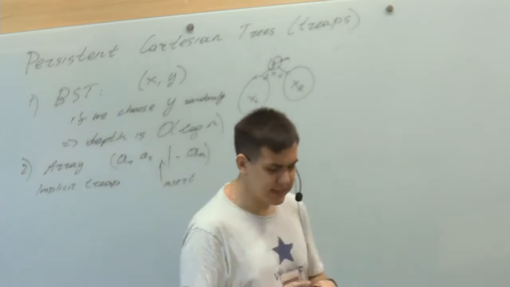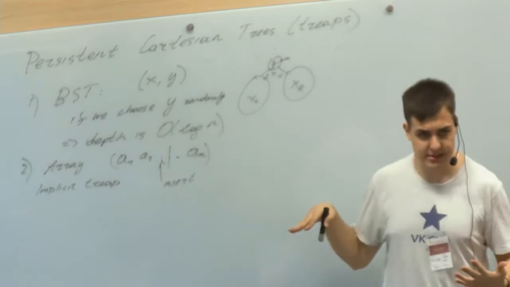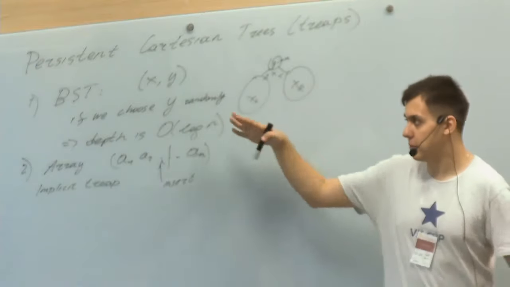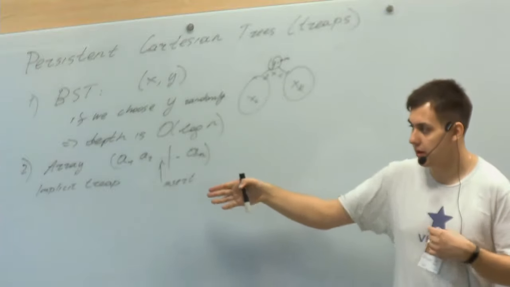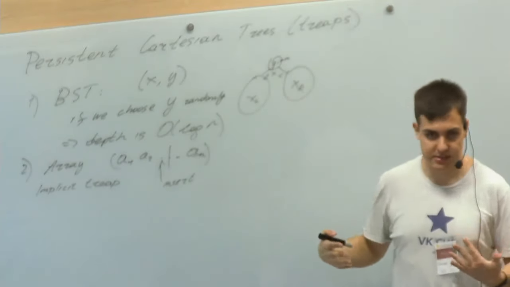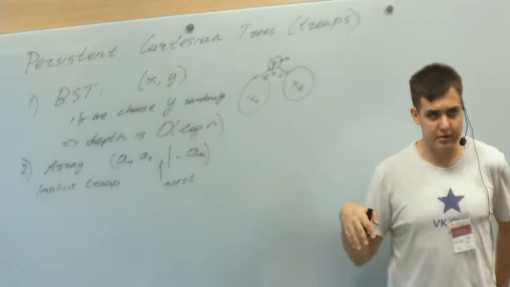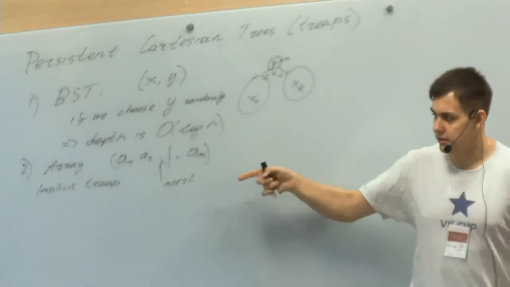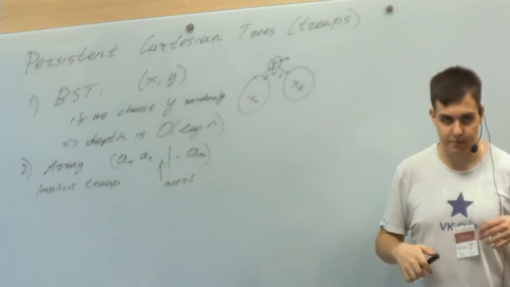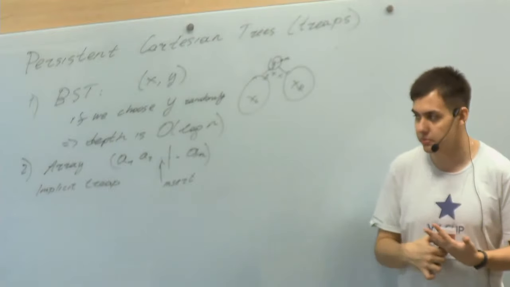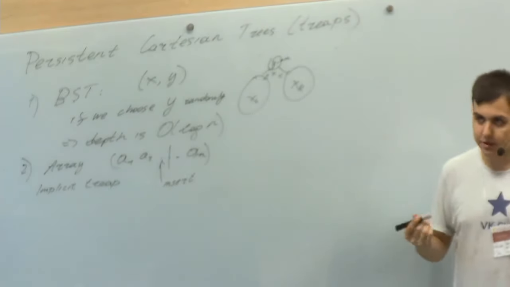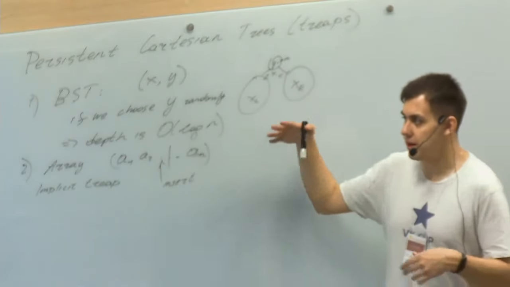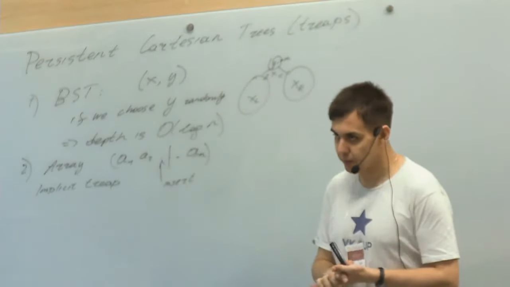Since there are no keys, we got rid of keys, and instead of working with actual keys, we'll just work with sequences, or we'll work with sizes. Usually we need sizes anyway, so creating an implicit tree doesn't make our work a lot harder. Usually we need sizes anyway when we work with BSTs.